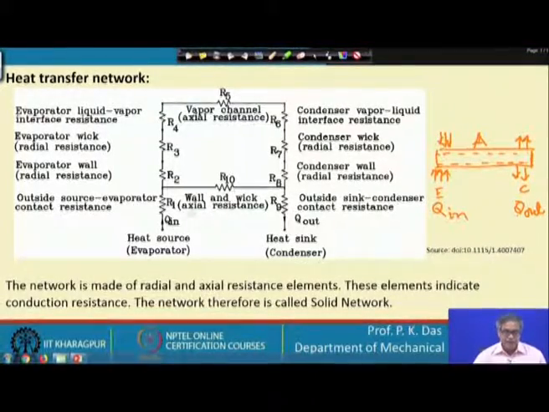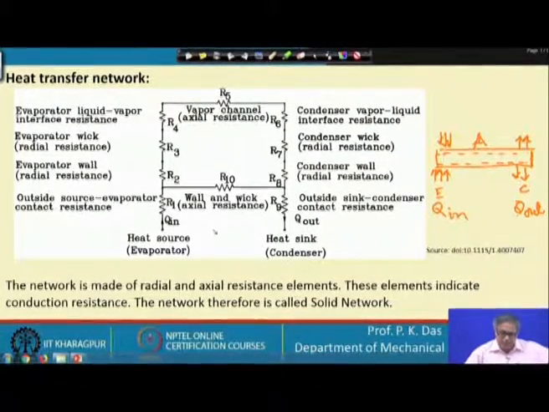R10 is the wall and wick axial resistance. Sometimes these resistance elements are axial resistances and sometimes we have to take the radial resistance.